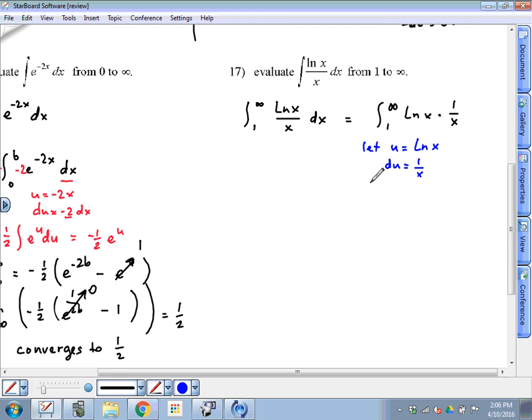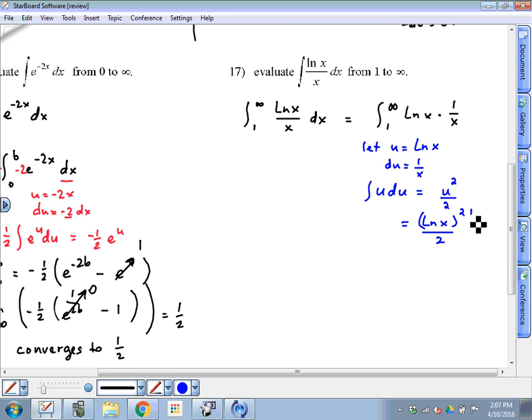So the integral becomes the integral of u du, which is u squared over 2 plus c. Well, we don't need a plus c because we're doing definite integration, but it's u squared over 2, which is the natural log of x squared over 2.